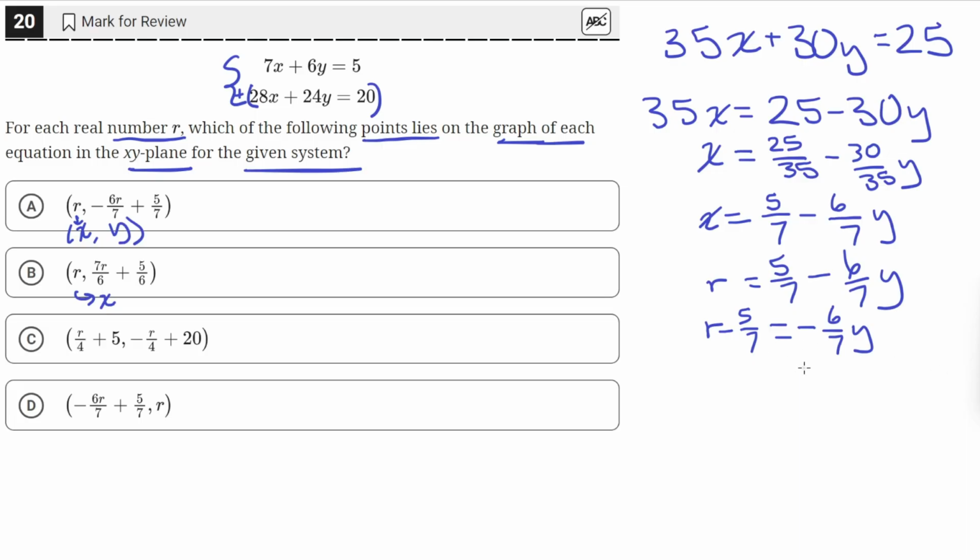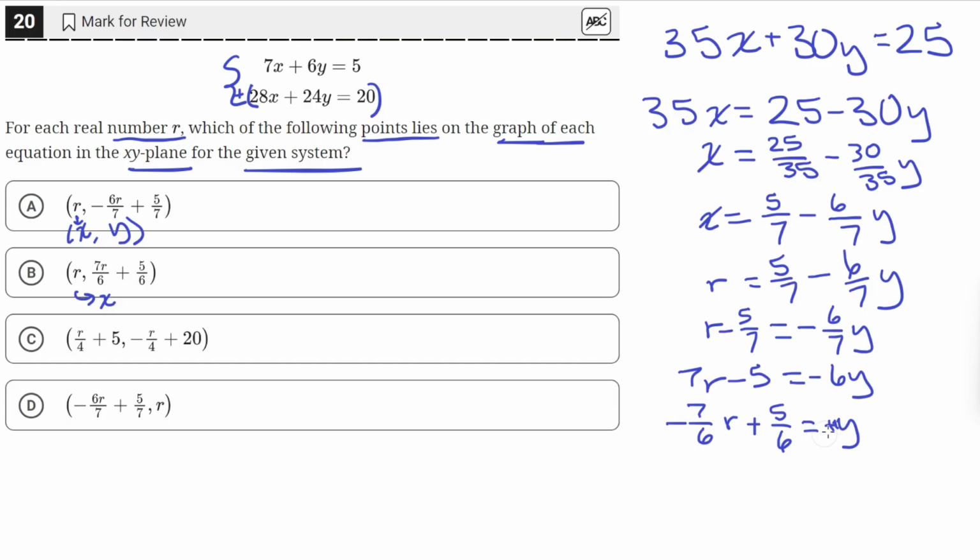And then we can multiply both sides by 7 to get 7r minus 5, because 7 times 5 over 7, the 7 cancels out, and we're left with negative 6y. And then we can divide both sides by 6, so we'll get 7 over 6r minus 5 over 6 equals negative y. But if we want to get rid of the negative, we can just multiply everything by a negative sign.